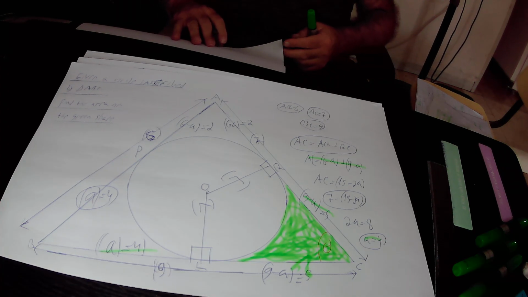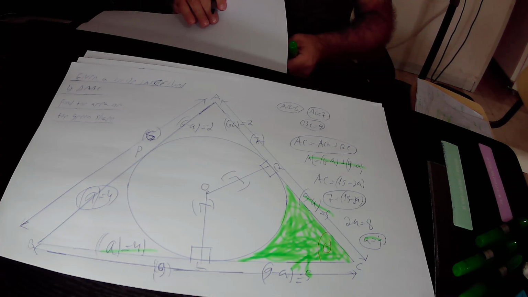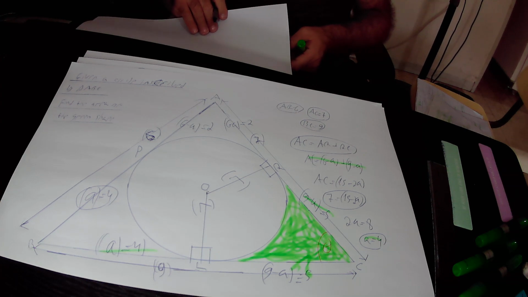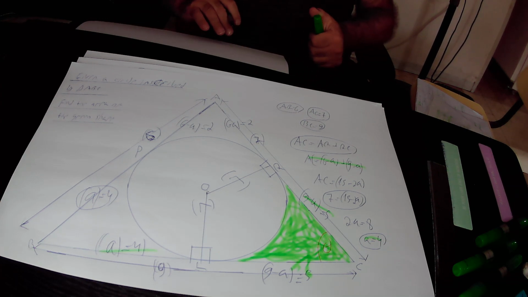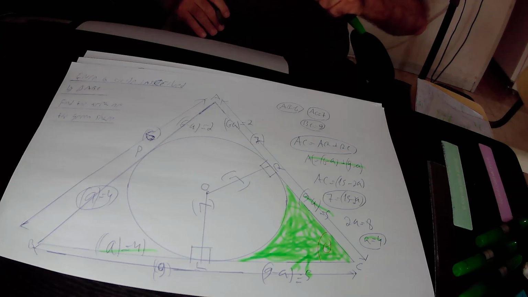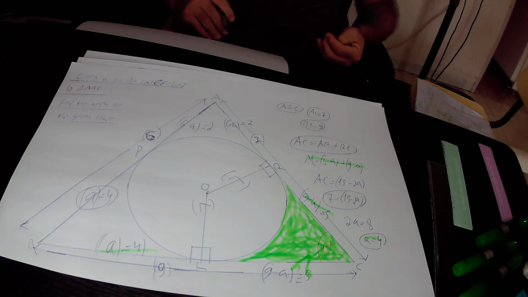Before we continue, we'll focus on quadrilateral QOLC. You know that the sum of the angles in any quadrilateral is equal to 360 degrees. So again, the sum of the angles in any quadrilateral is equal to 360 degrees.